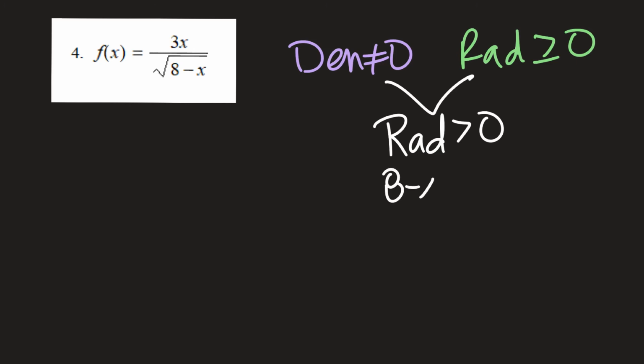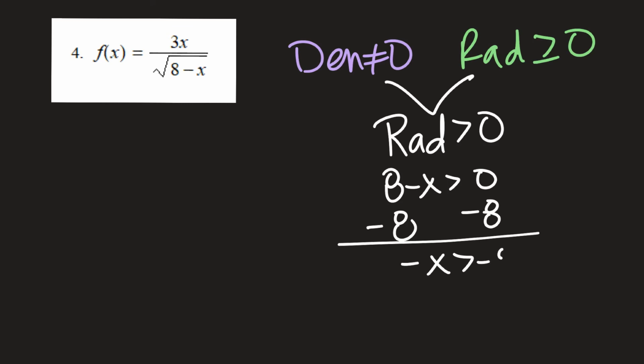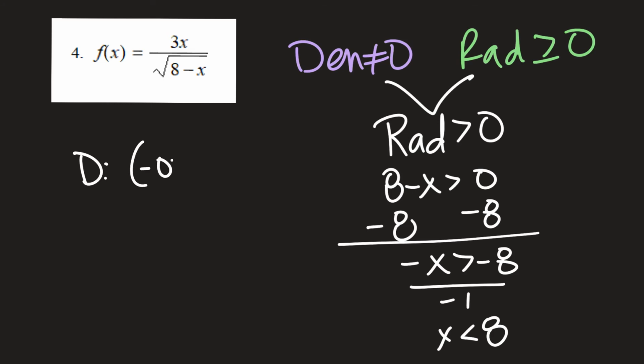So we have 8 minus x is greater than 0. Subtract 8, divide by negative 1, and we have x is less than 8. So my domain would be negative infinity up to 8, not including 8, because we cannot have the denominator being 0.